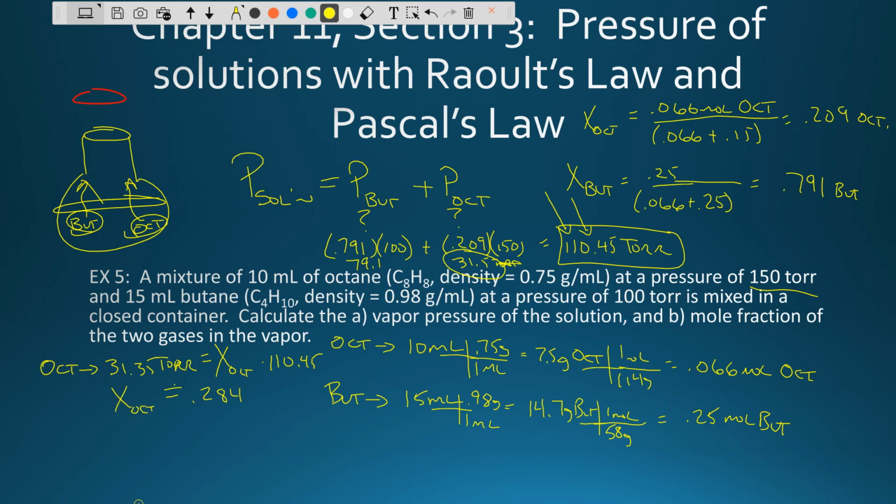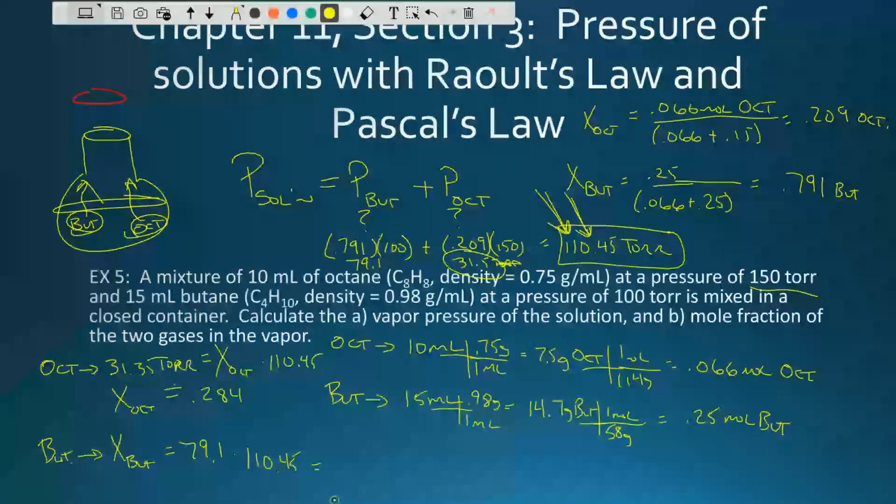Okay, now let's do the same thing for my butane. Again, I kind of cheated because I knew it was coming, so I just multiplied this ahead of time. My mole fraction of my butane is going to be my 79.1 times my pressure of the solution was 110.45.